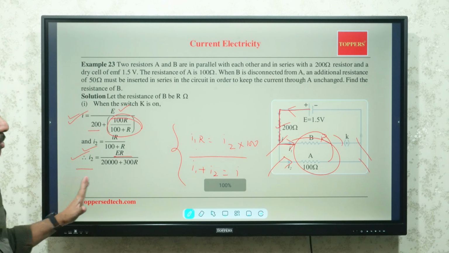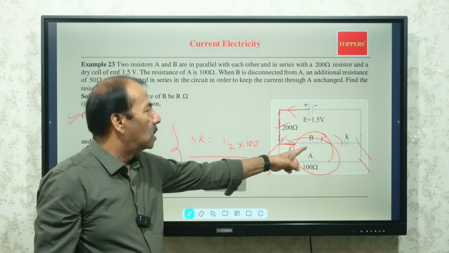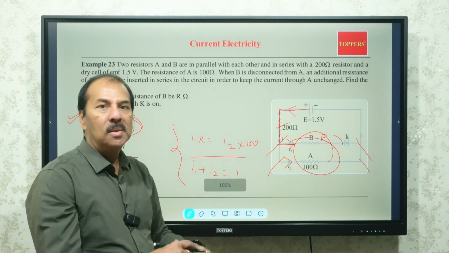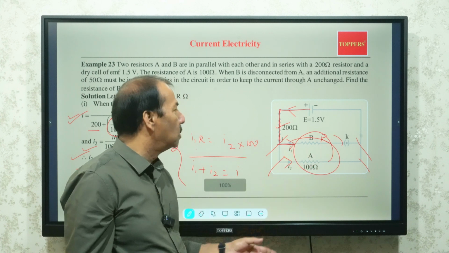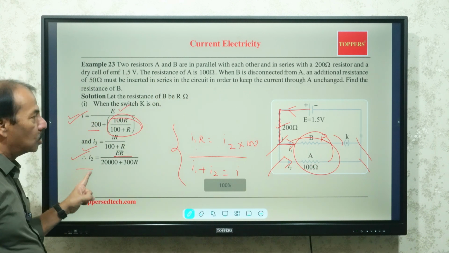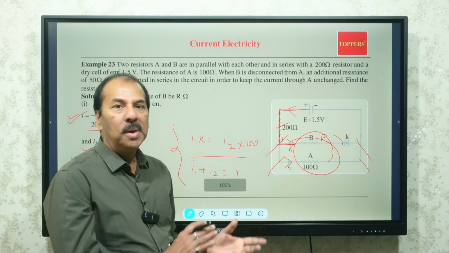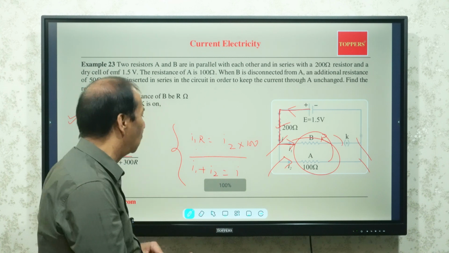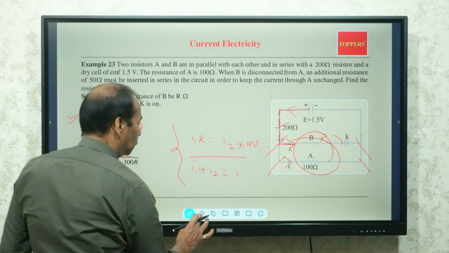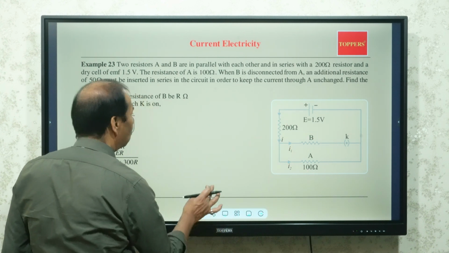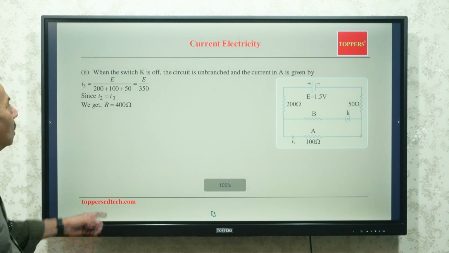Now this I2 is known. Now resistor B is removed. When it is removed, to compensate so that I2 remains the same through A, we need to put this 50 ohm resistance in series.